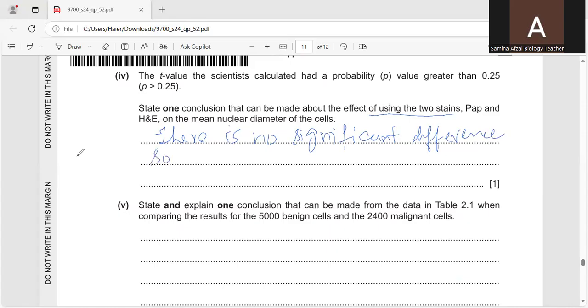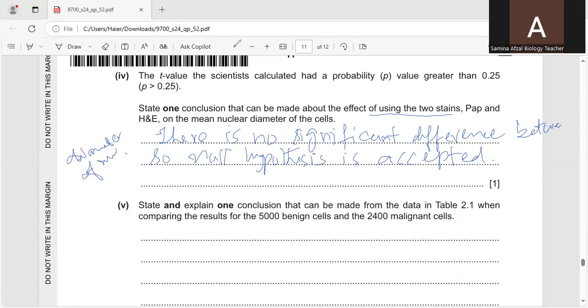So the null hypothesis is accepted between diameter of nuclei. So null hypothesis is accepted.